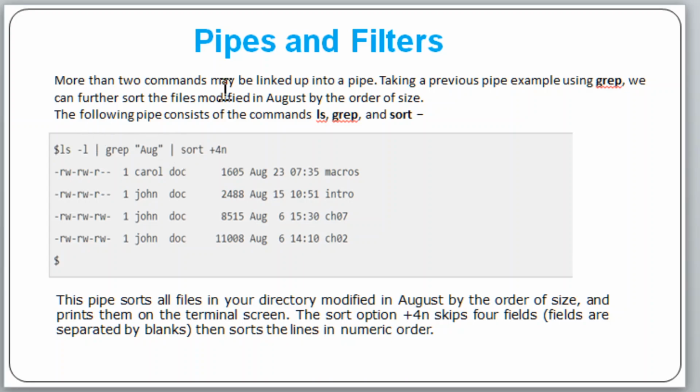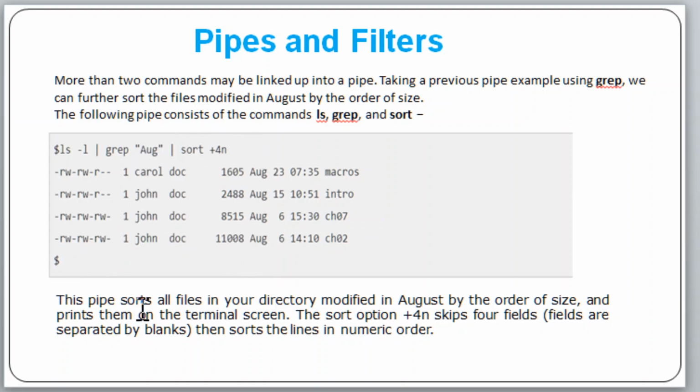So more than two commands may be linked up into a pipe. Taking a previous pipe example using grep, we can further sort the files modified in August by the order of size. So the following pipe consists of the commands ls, grep, and sort. So we do an ls -l, and then we grep August, so it's going to list all the files with August in there. We're going to sort it with a +4 in.